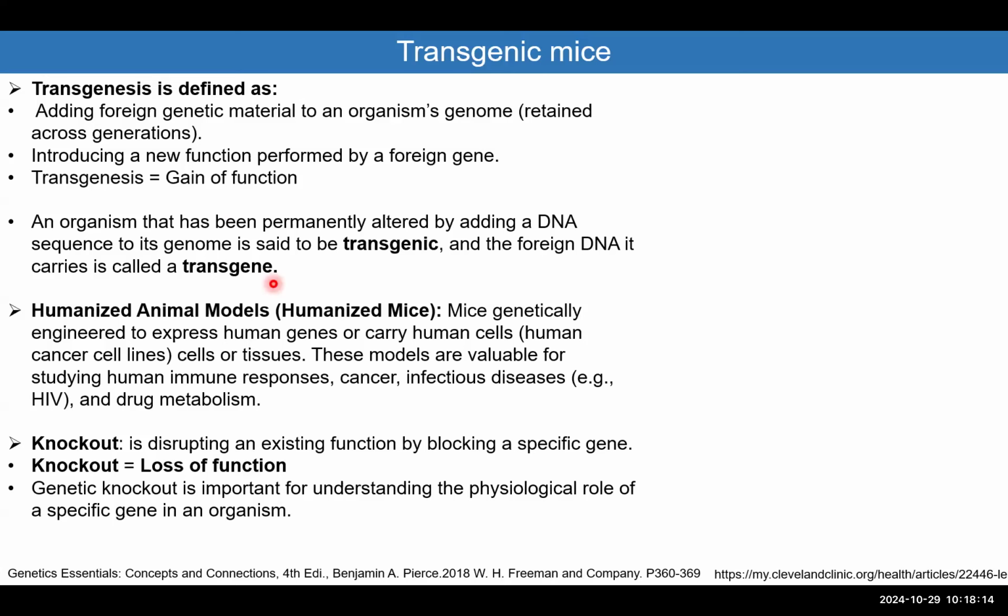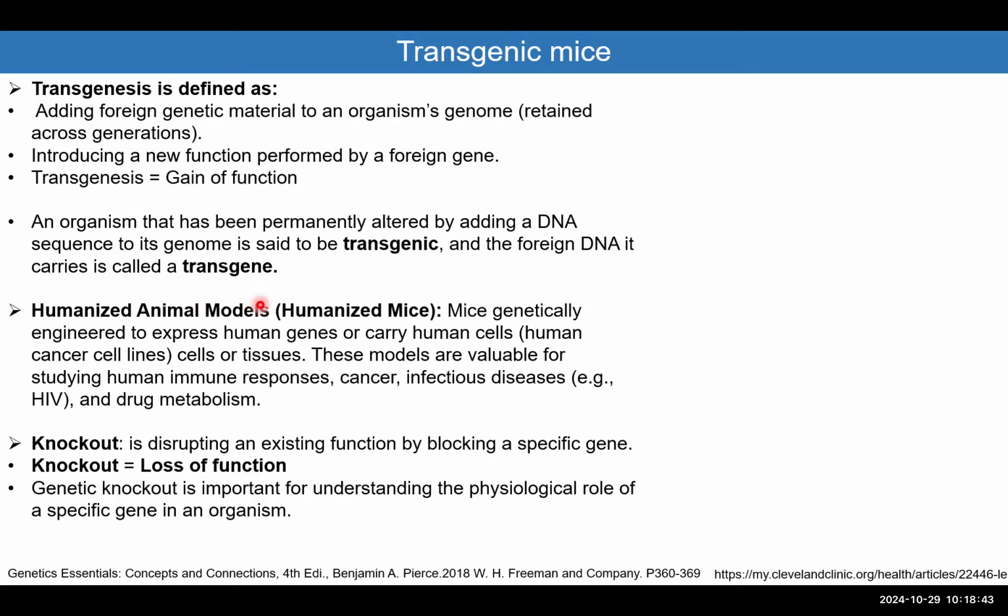Now, I mentioned before that humanized animal models, mostly these are mice that are genetically engineered to express human genes or carry human cells. For example, a tumor that we find in human and we want to study, so we simply take the cell line from that tumor or cancer cell line and we can insert it in mice and we can see how the tumor behaves.